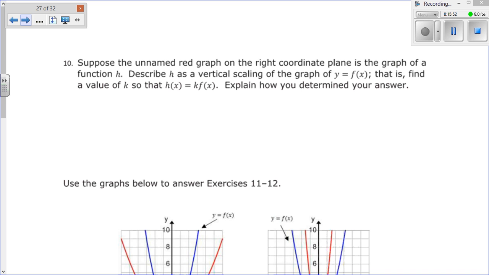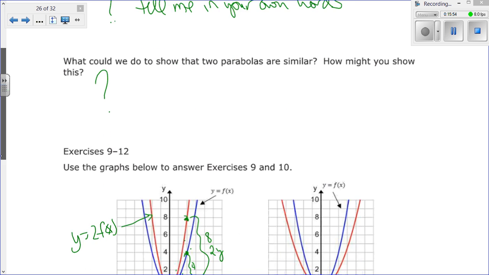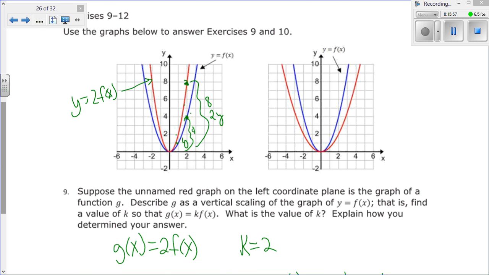Well, going back to that picture, let's take a point on the graph. When x is 2, we have this point here and this point here. My height is 2, my height is 4.